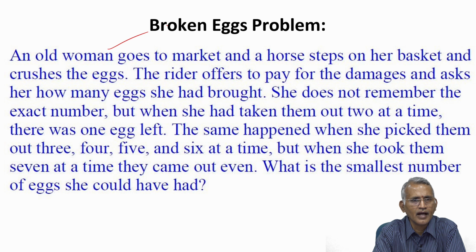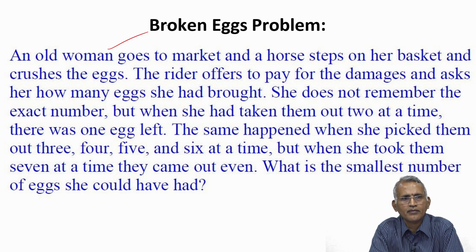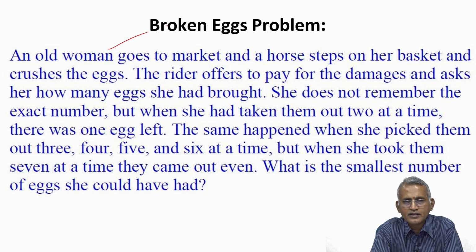The same happened when she picked them out 3, 4, 5 and 6 at a time. But when she took them 7 at a time, they came out even. So, what is the smallest number of eggs she would have had?